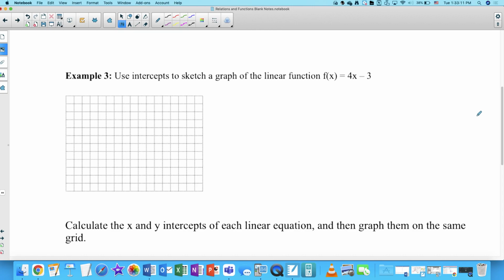So we would want to know what's f of 0. The x-intercept is when y is 0. So we want to know what's x if f of x equals 0.